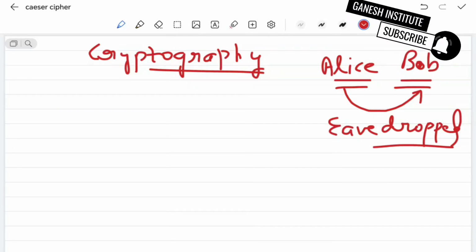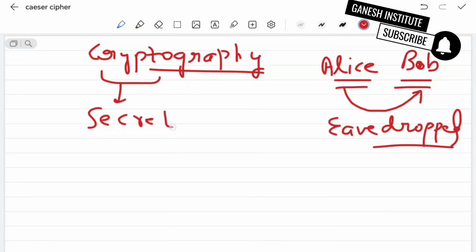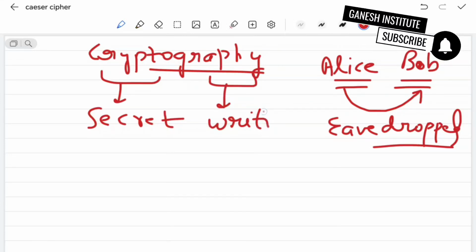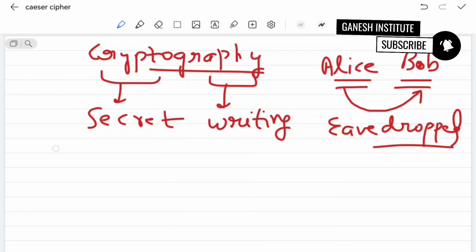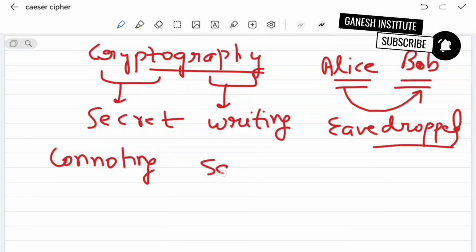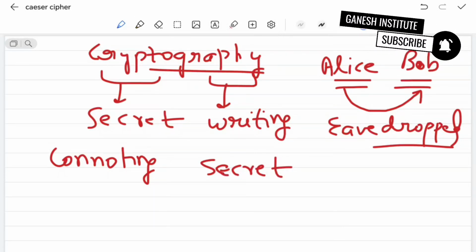Crypto means secret and graphia means writing. So we are literally converting any routine message into a special message or language to make it a secret, so that only those people who know about that language can get it.